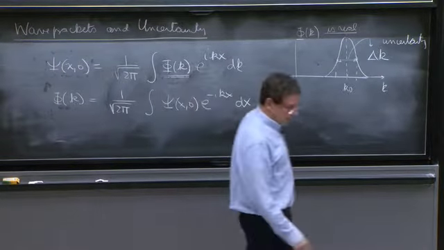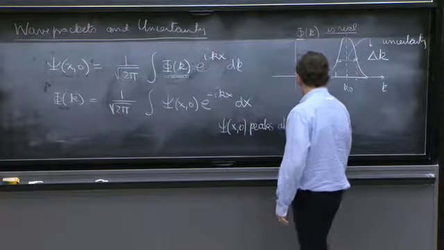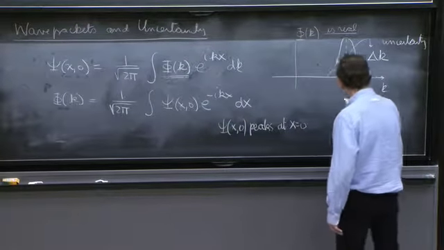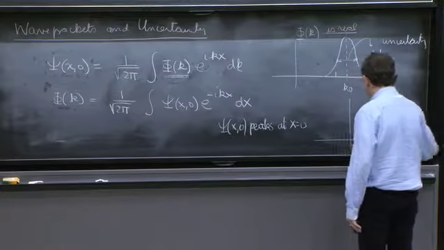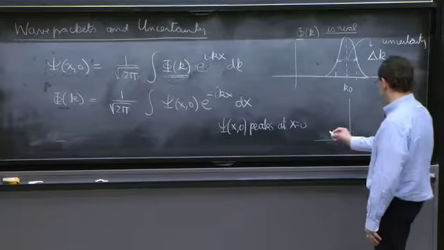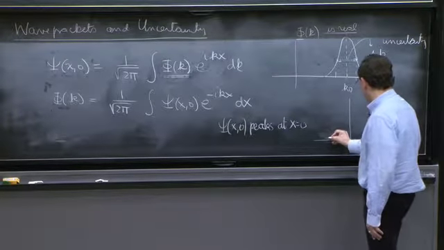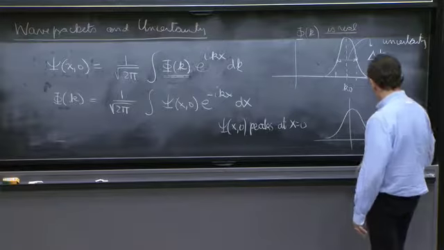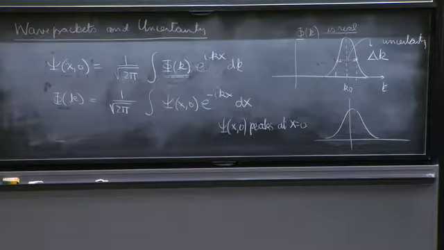So psi of x at 0 peaks at x equals 0. And so you would have a picture here. And if I have a picture, I would say, well, it peaks around x equals 0. So, okay, it's like that.